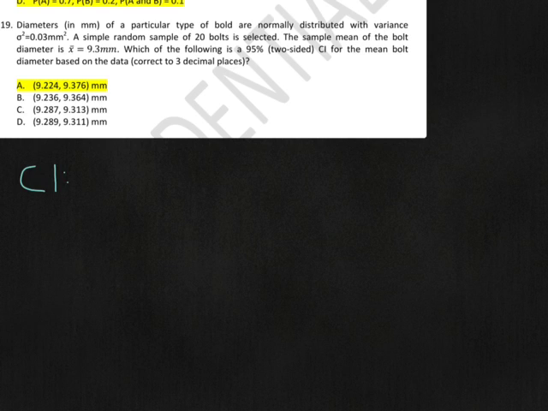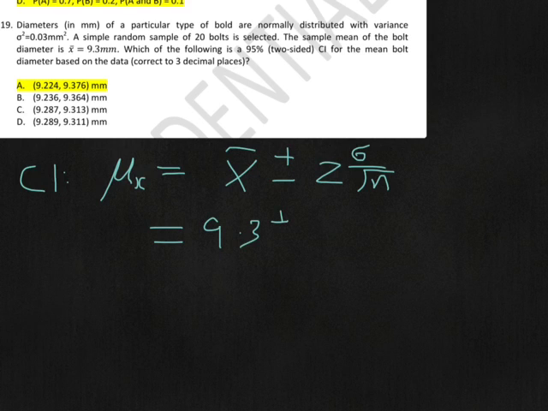If I get notation wrong, I apologize, I'm bad at it. The population mean is given by our sample mean plus or minus this error factor, which in this case is z times sigma over root n, and that's it. So we're given that x bar is 9.3 plus or minus this thing.